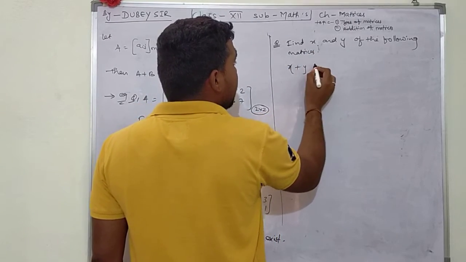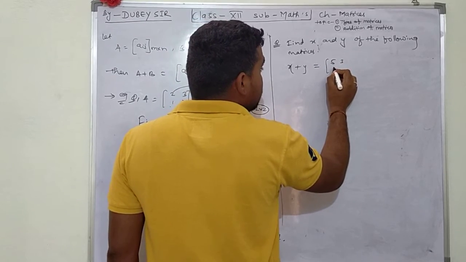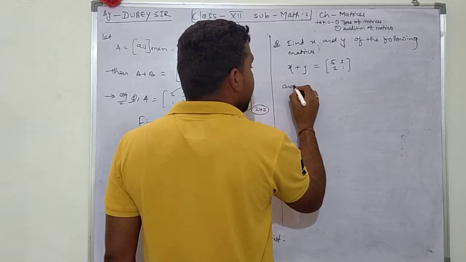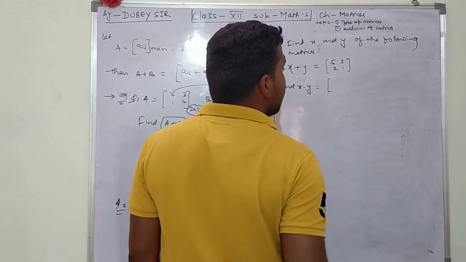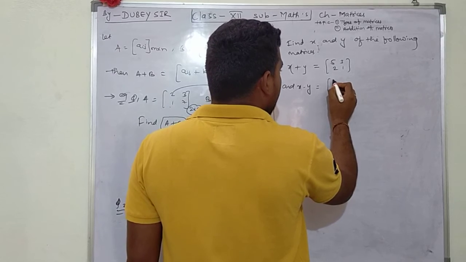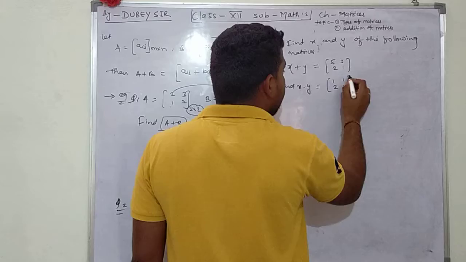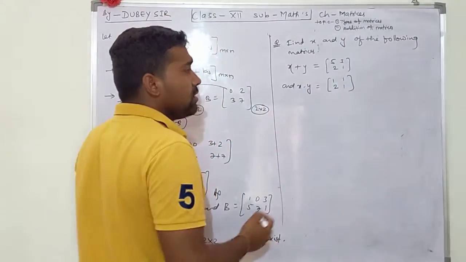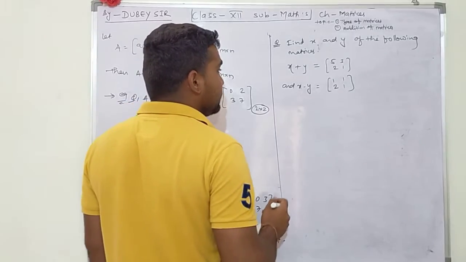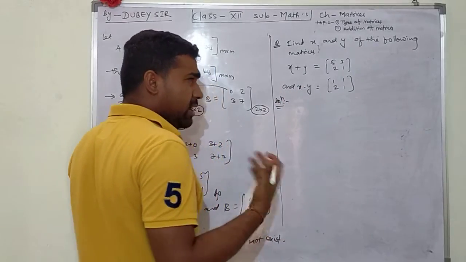X plus y equals [5, 3; 2, 1] and x minus y equals [1, 1; 2, 1]. We have to find x and y of these matrices. Now the solution: we can add them like a linear equation.